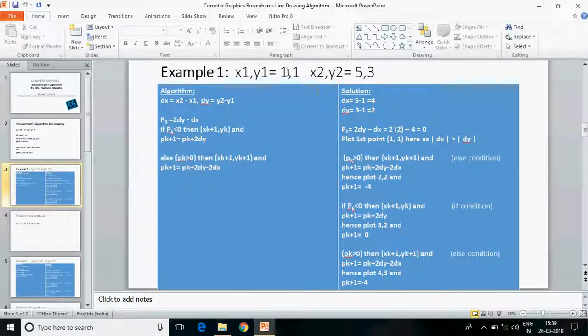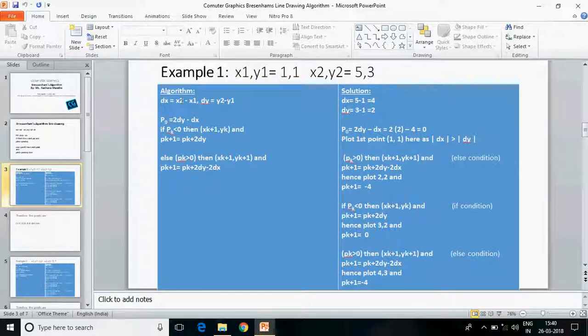Let us look at this example. This is a simple line starting at x1, y1 equal to 1, 1 up to 5, 3. The two endpoints of the line are 1, 1 and 5, 3.